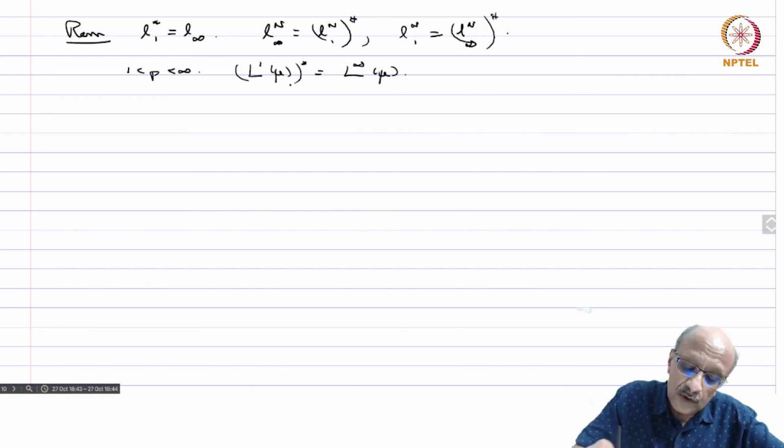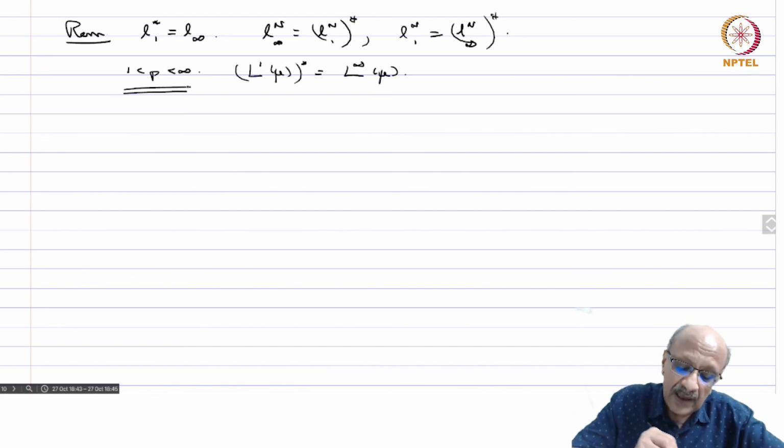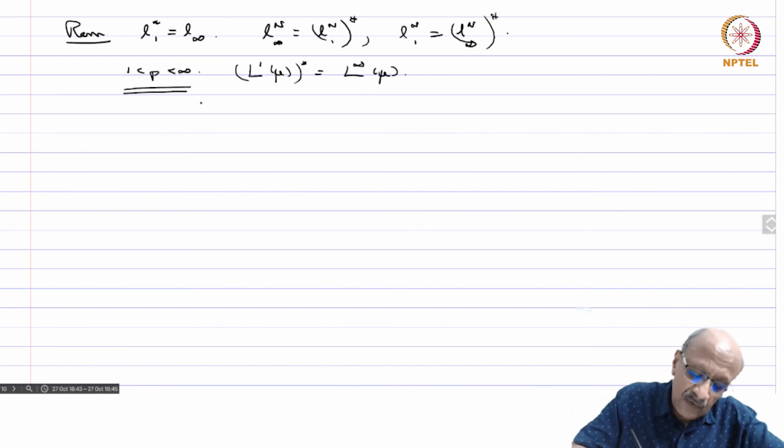So the whole thing is proved, but it is a fairly long proof involving measure theoretic arguments, whereas here, using functional analytic arguments and reflexivity, we have very easily proved the case 1 less than p less than infinity.